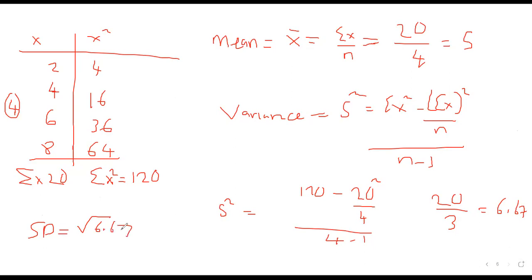So later on, we'll be learning how to use the calculator, because some of you don't even know where the square root is. So 2.58 is our standard deviation, because when you square root it, it becomes a standard deviation. Any question?